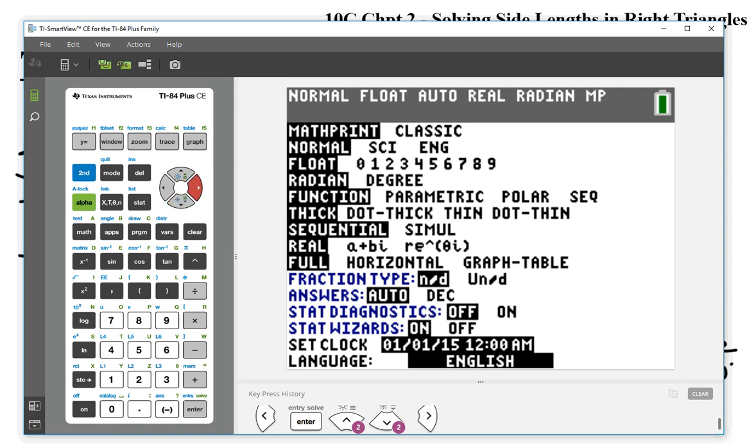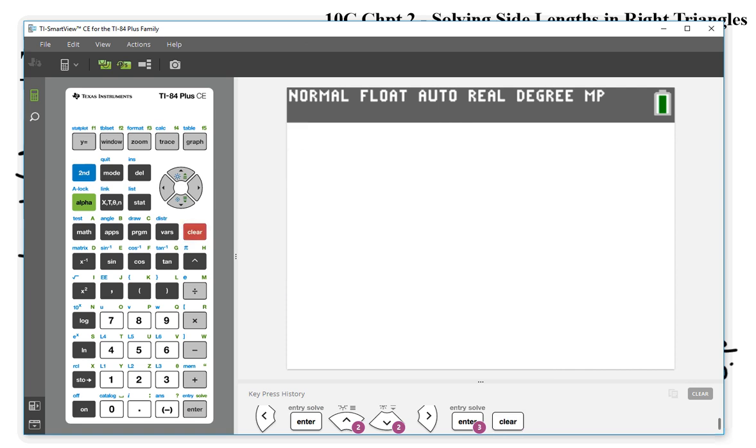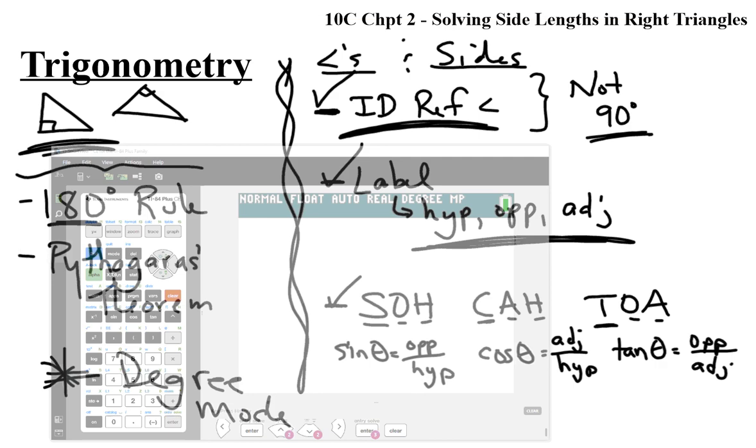We want to make sure we highlight degree. Hit enter. And now we're in, and clear it. Now we're in degree mode. You can see up at the top, it says degree, so we're good. So that's what you have to make sure of.